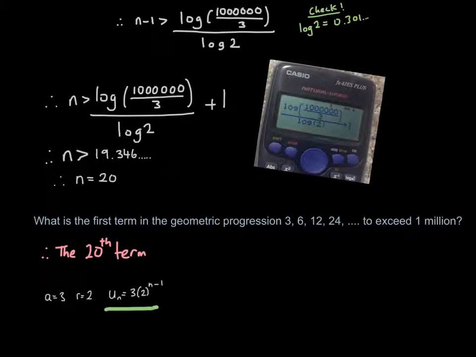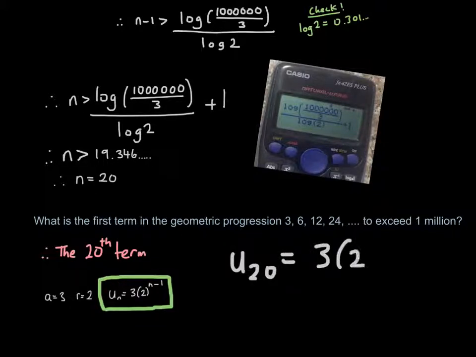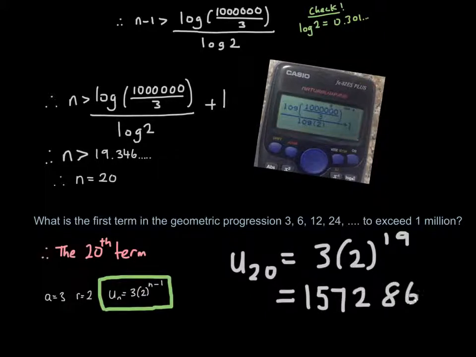If you just want to double check that to make sure that works, you just substitute. There's our nth term again, just copied over from the previous slide. If you substitute 19 and 20 into the nth term, the 20th term is this big number I'm writing down, 1,572,864.